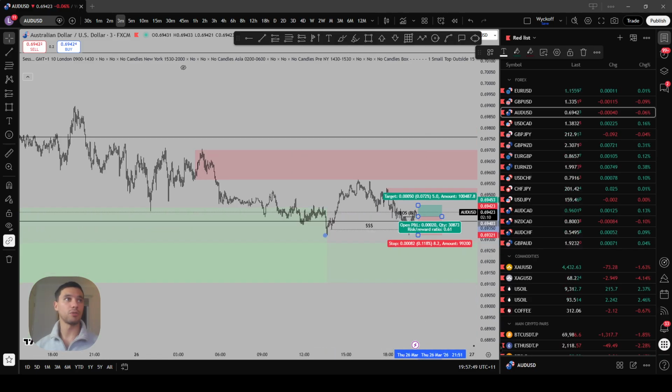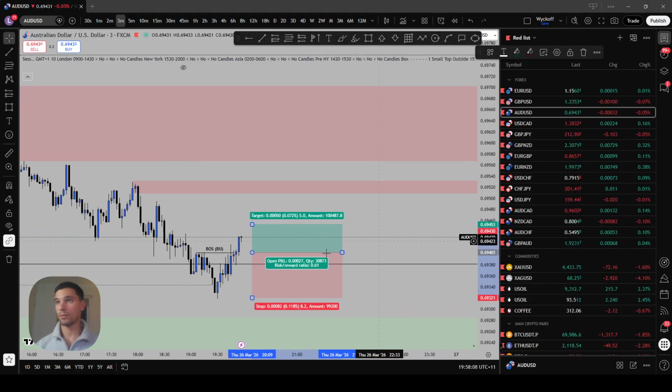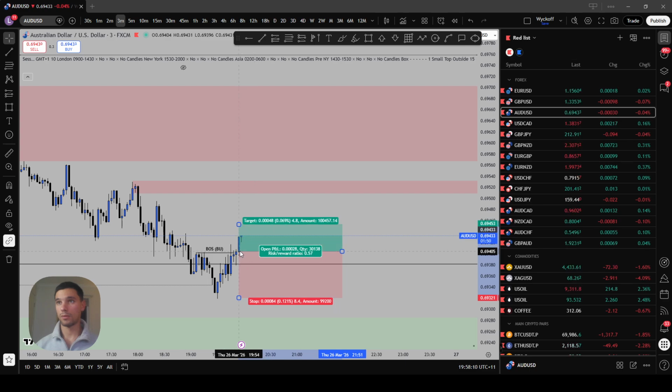Damn, 2 live trades. What's going on here? What is going on here, guys? AUD USD.